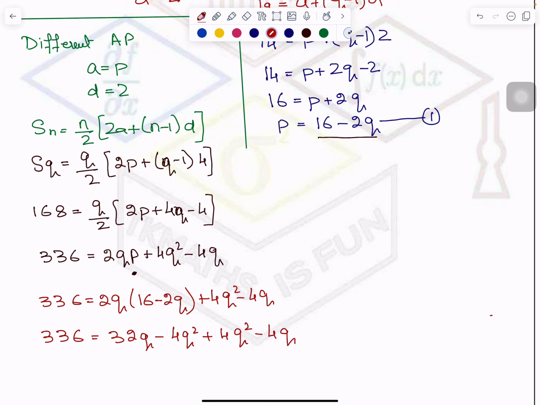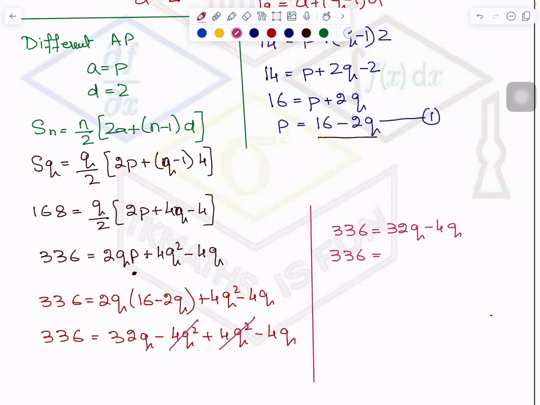Now you see the terms can cancel out because this one and this one are the same. So I got 336 equals 32q minus 4q. I think now the question is almost solved. 32 minus 4 is 28, so it is 28q.